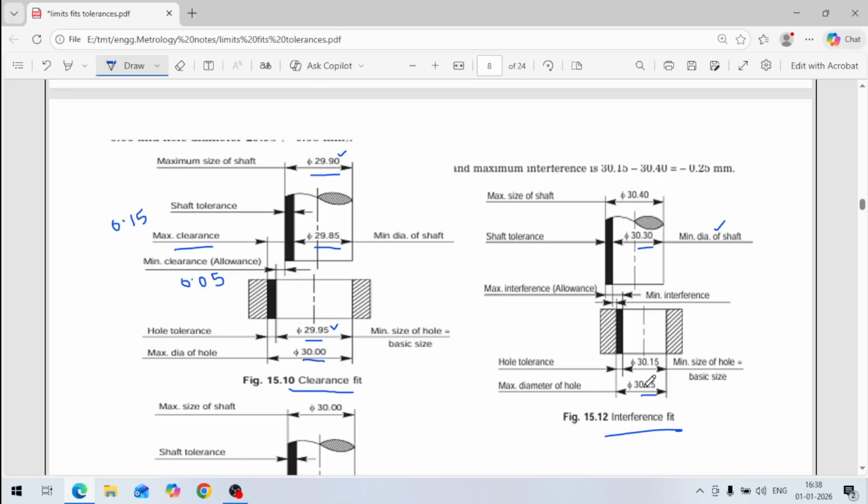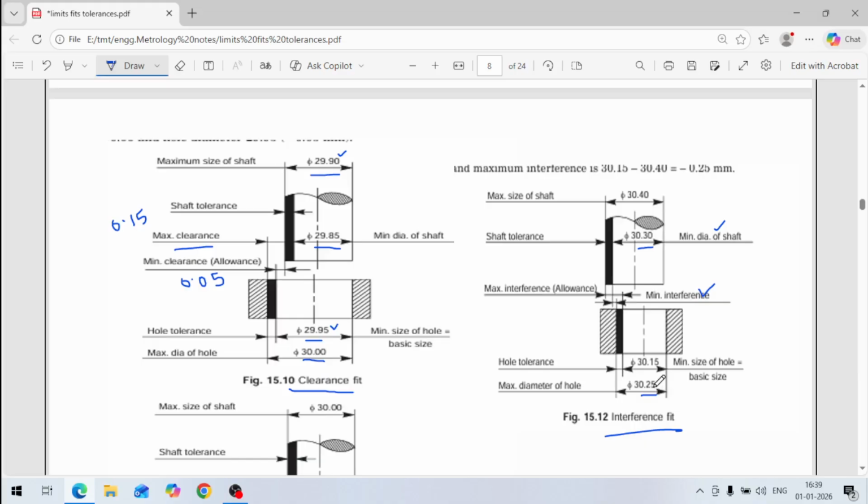So how much is the minimum interference? This minimum interference, we have calculated how much it is. This size is 30.3 here and this is 30.25.